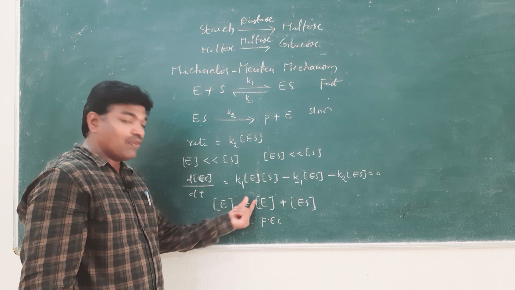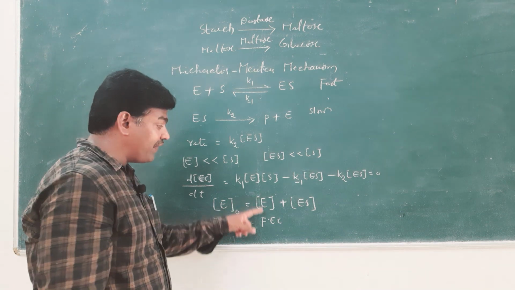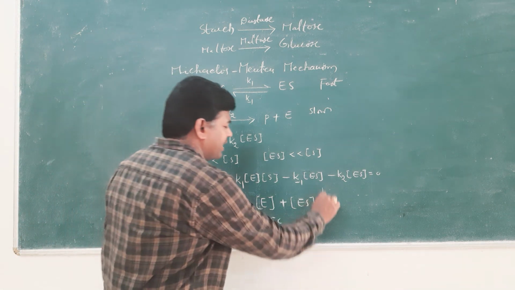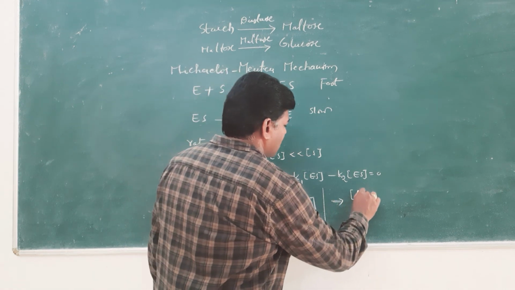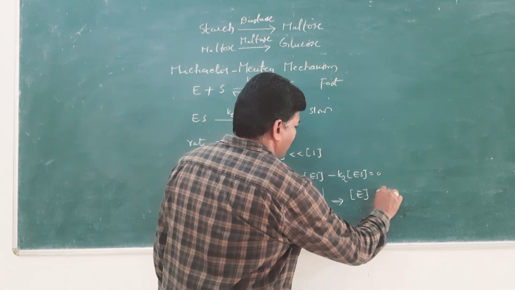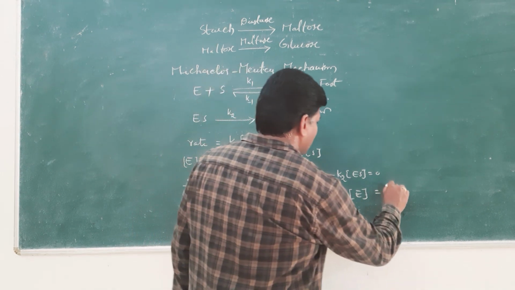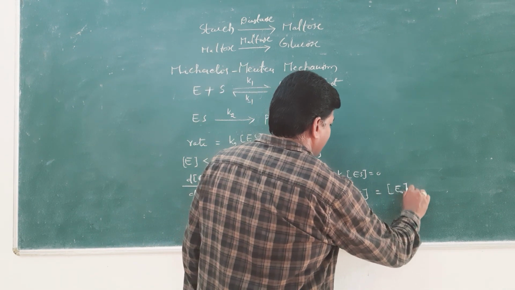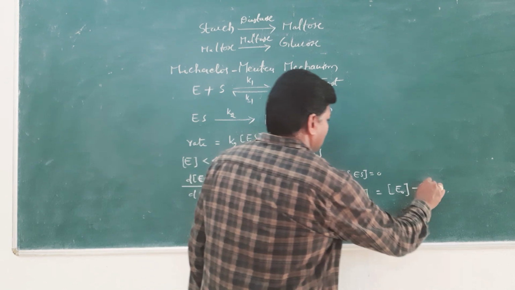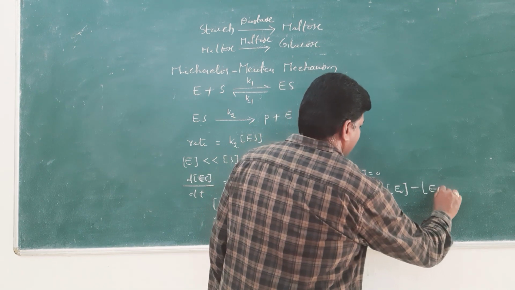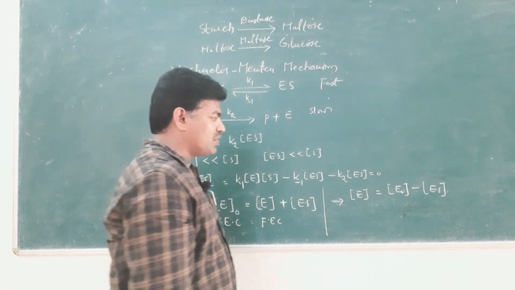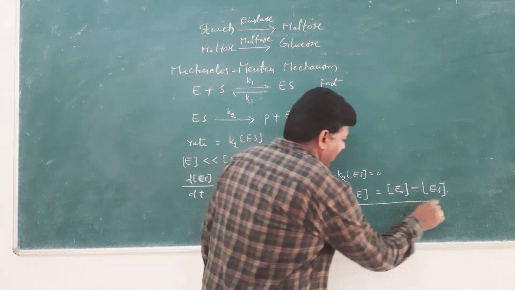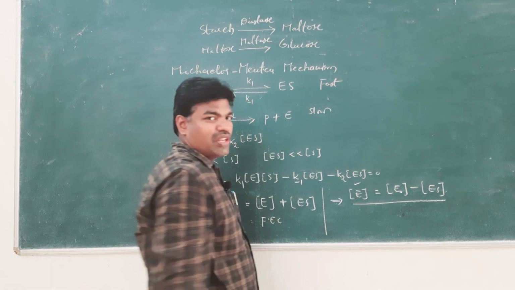From this equation, the concentration of free enzyme is equal to total enzyme concentration minus enzyme substrate complex, right? Okay. So, we can get free enzyme concentration.